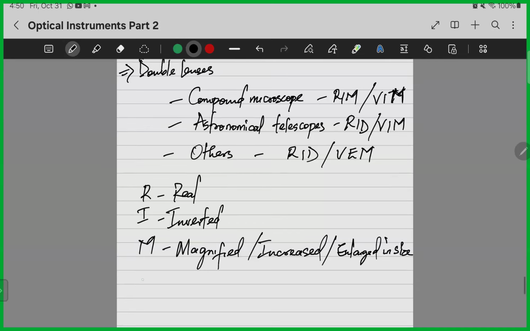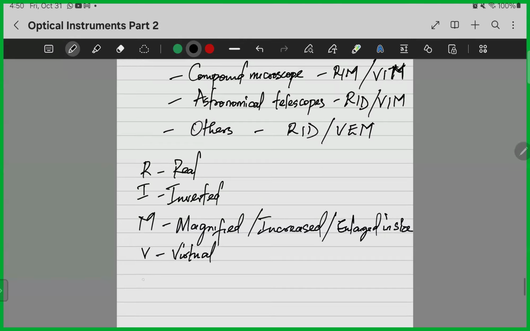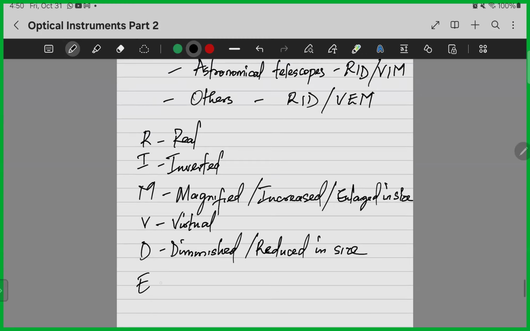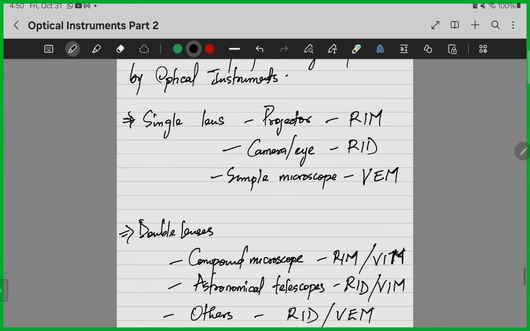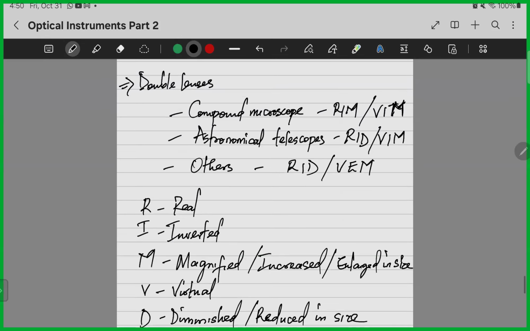Then V stands for virtual, D stands for diminished, reduced size. E stands for erect. So I think basically that's all that we use in the key.